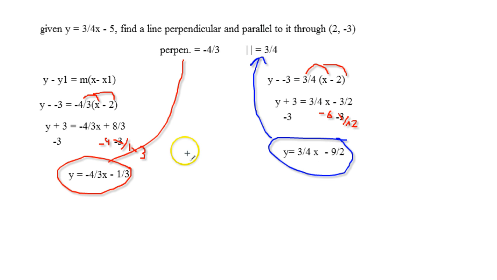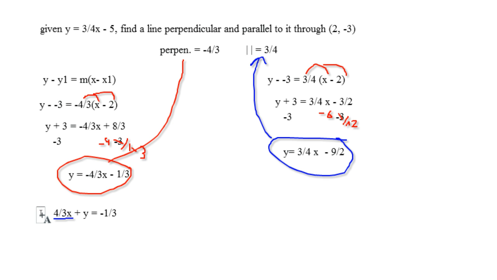Now if you did need to convert to standard form, you would probably add the 4/3 x to both sides here. So this becomes 4/3 x plus y equals negative 1/3. And you don't want any fractions when you're doing this, and you don't want this first term to be negative, so we want to get rid of the fraction and the negative, so we're going to multiply everything by 3.